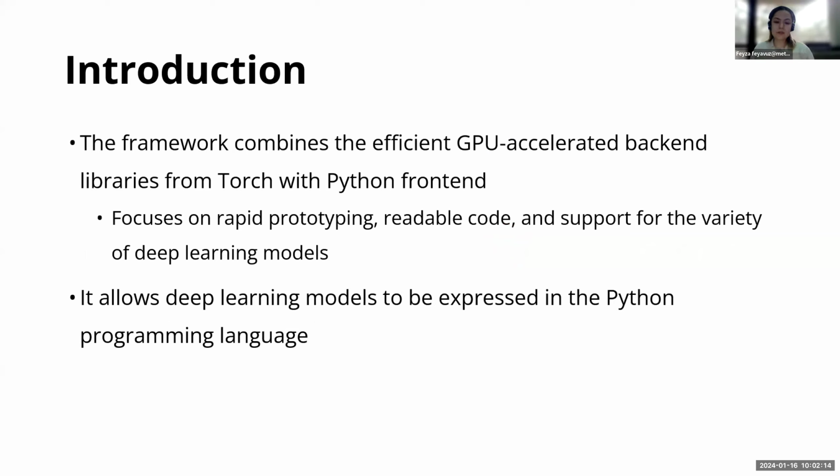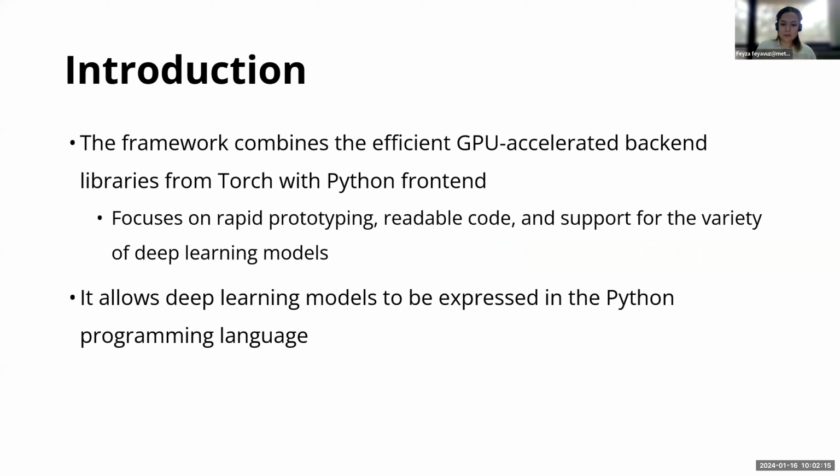So this allows us to express our deep learning models or any scientific calculation in Python. And as you all know, most data scientists are familiar with Python. So PyTorch stayed within this ecosystem to keep the interfaces simple and consistent.